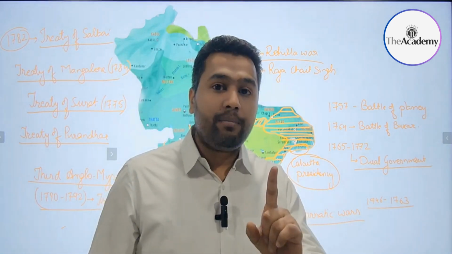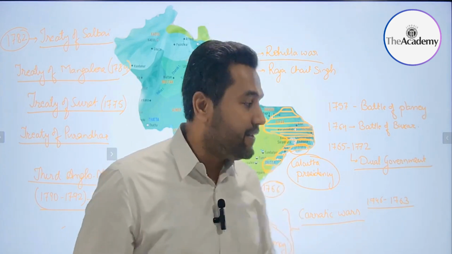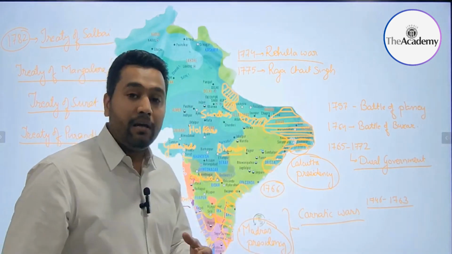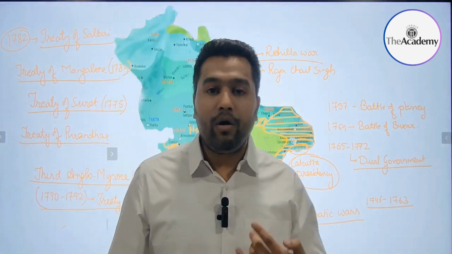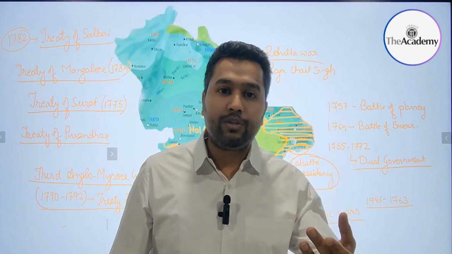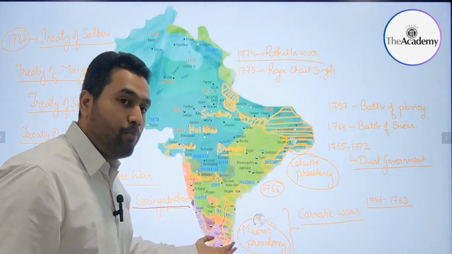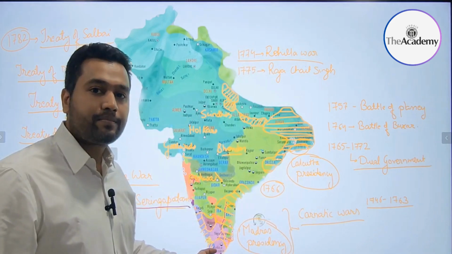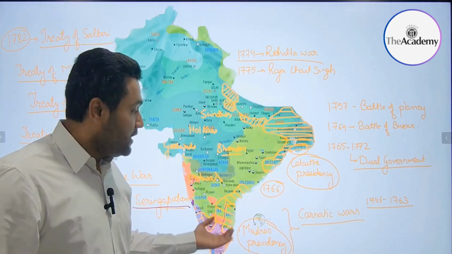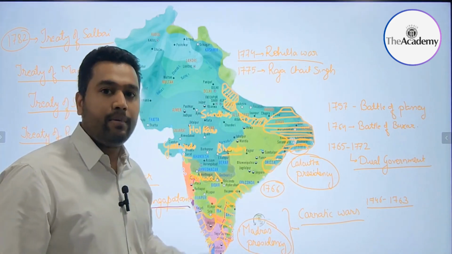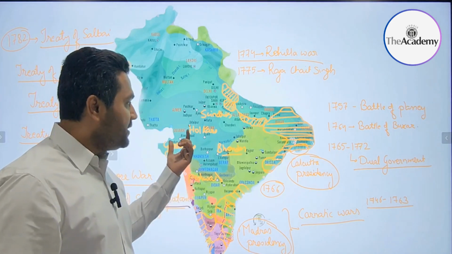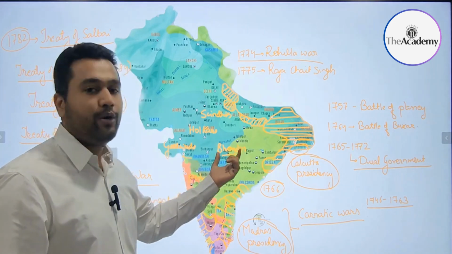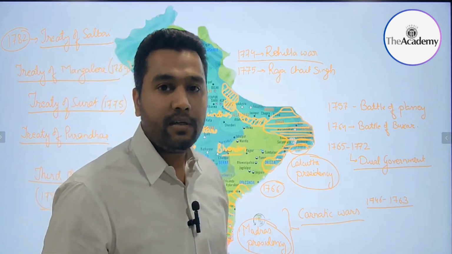And after Hyderabad was defeated in 1795, Hyderabad became incapable of playing an important role in the politics of the South. This weakening of Hyderabad destroyed the factor that had unified all the Marathas.